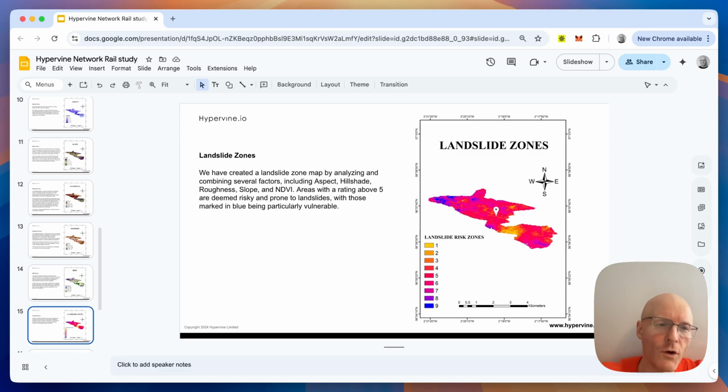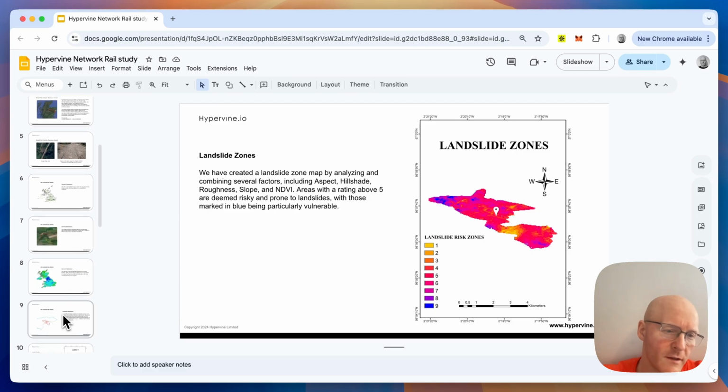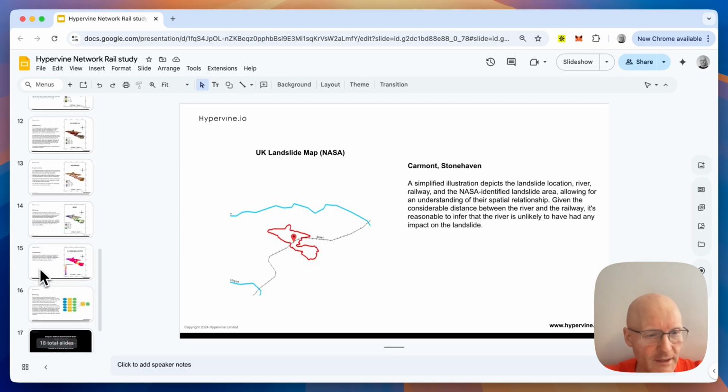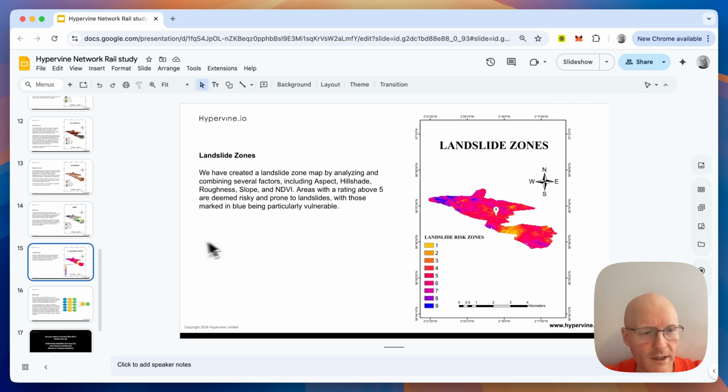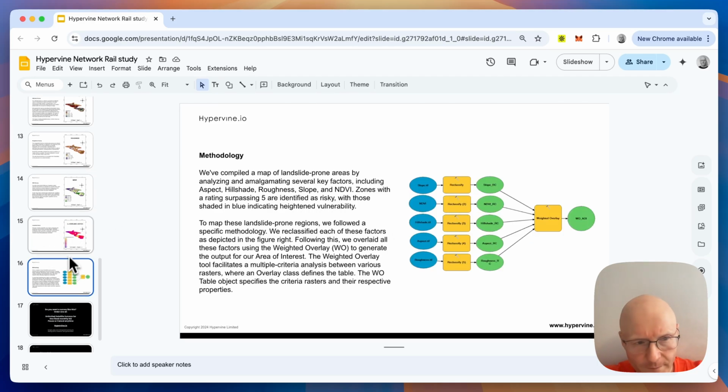So particularly if you've got a railway line that's going right through it here, then you should just keep an eye on it because you're in a high risk or medium risk area. We've got the methodology statement here.